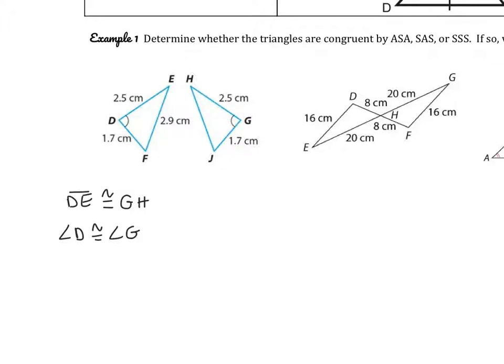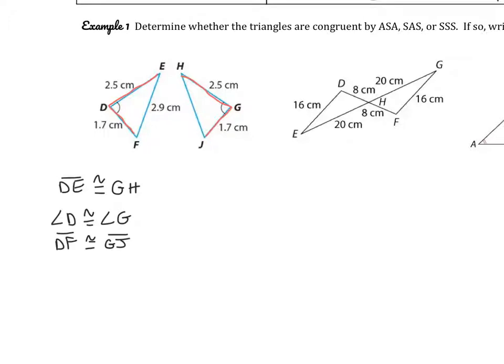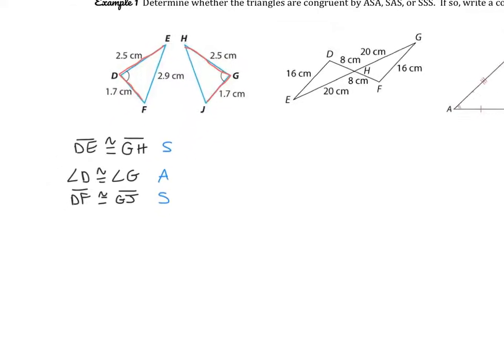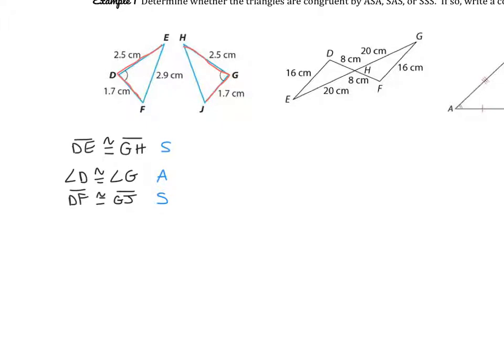And then if I kind of continue along this, the next thing I see is that segment DF is congruent to segment GJ. So if you look at what we have here, we have side, angle, side. So remember, this is enough for us to determine that the two triangles are congruent.